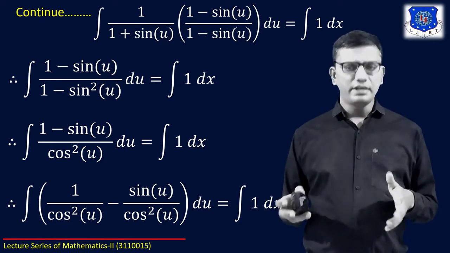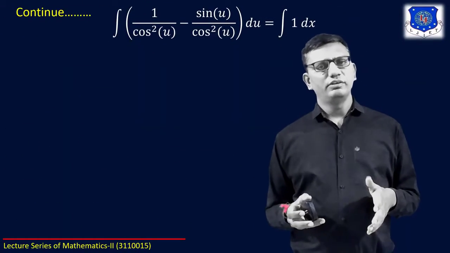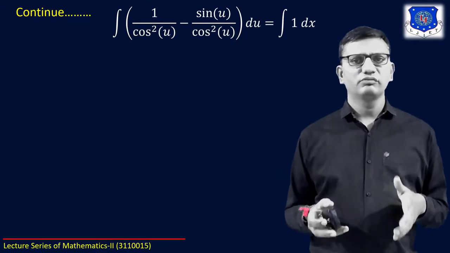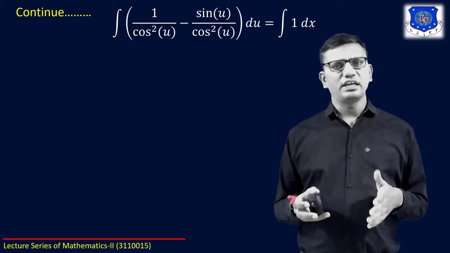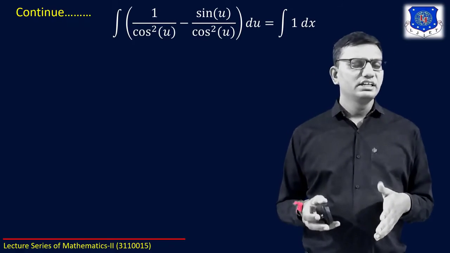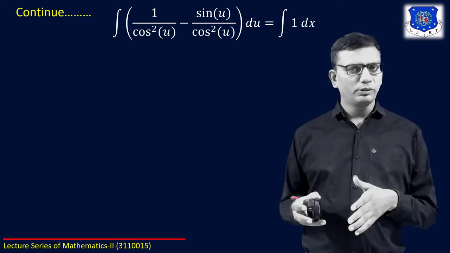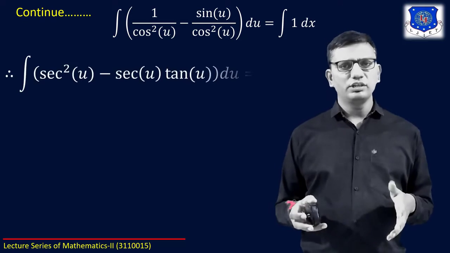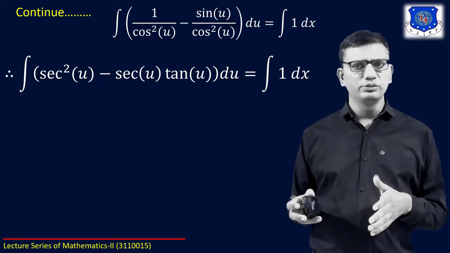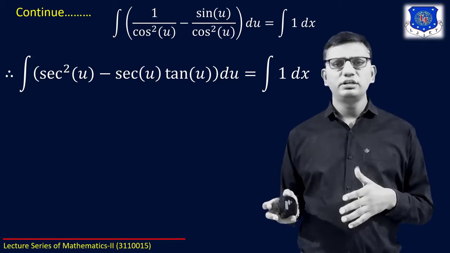Then 1 upon cos square u is sec square u, and sin u upon cos u is tan u, into 1 upon cos u, that is sec u. So we get integration of sec square u minus sec u tan u du equal to integration of 1 dx.